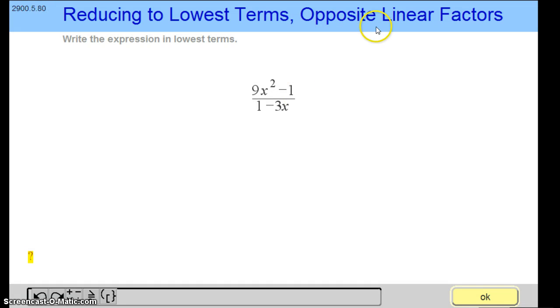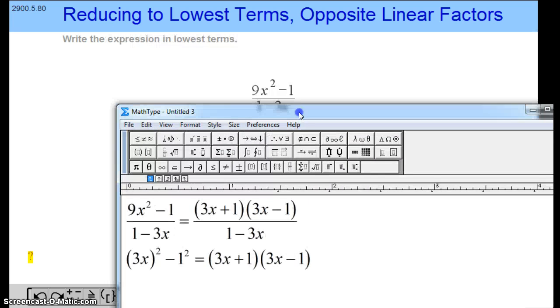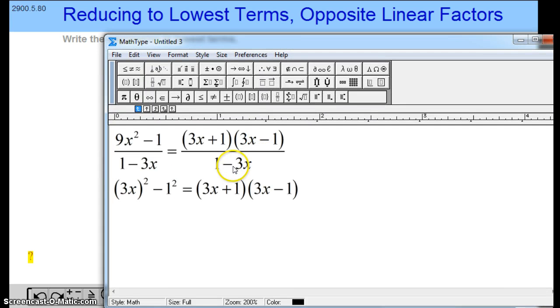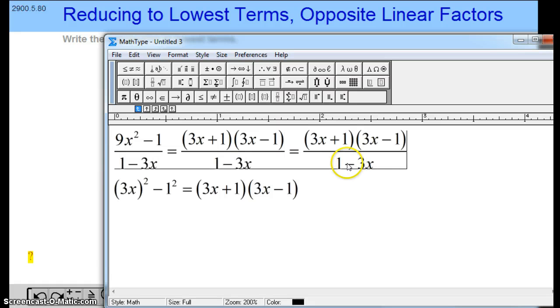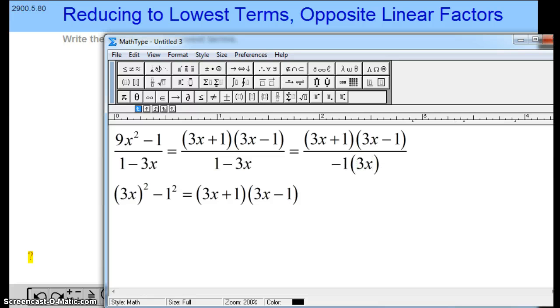Again, this is opposite linear factors, so you know you have to pull out a negative. Again, I'm going to pull out the negative on the bottom. So we can write it: negative 1 times 3x minus 1.